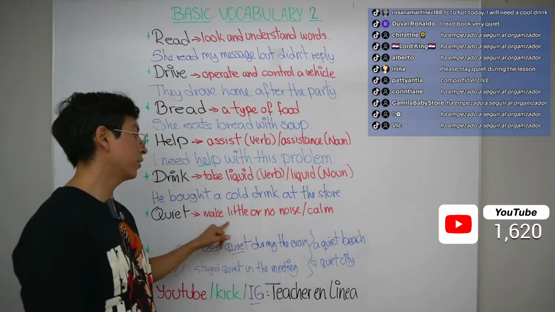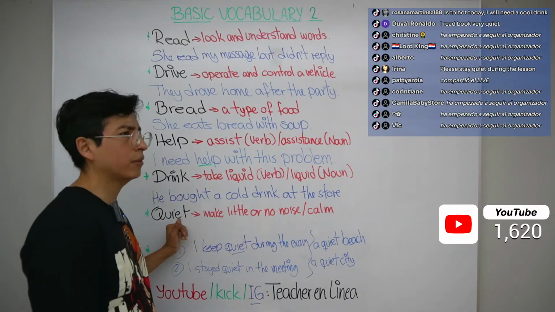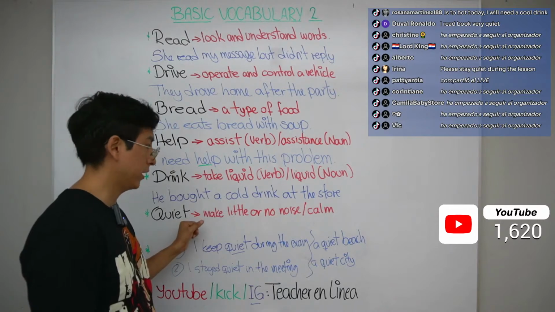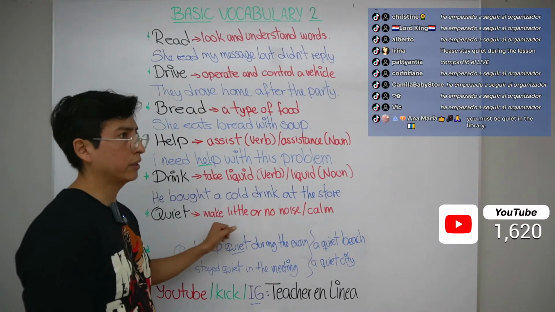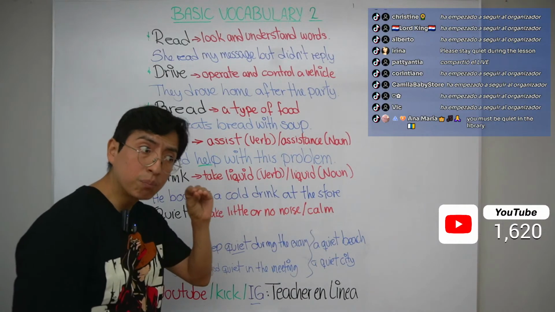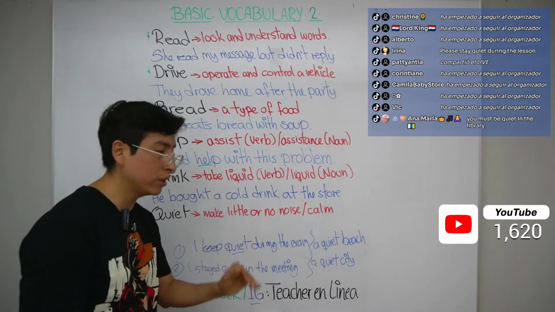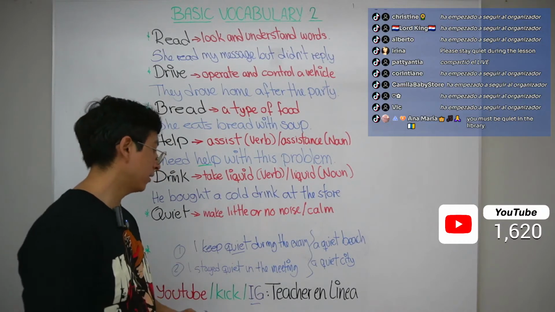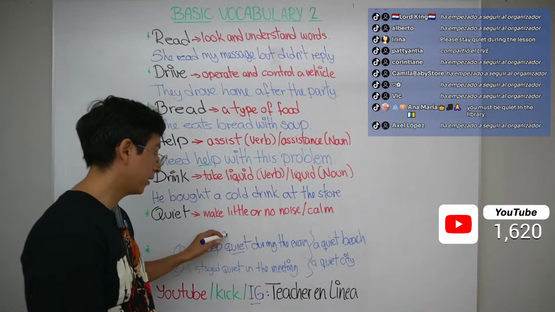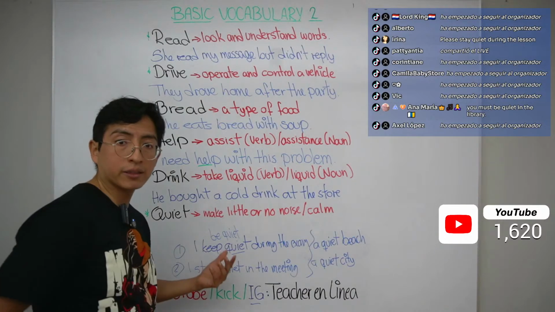Chicos, entonces cuando hablamos de quiet, estamos hablando de algo que es calmado, tranquilo, pacífico, ¿ok? En este caso, lo puedes usar como un adjetivo para hablar acerca de hacer poco ruido o no hacer ruido. Es muy común que alguien te diga, si estás haciendo ruido, be quiet, ¿ok?